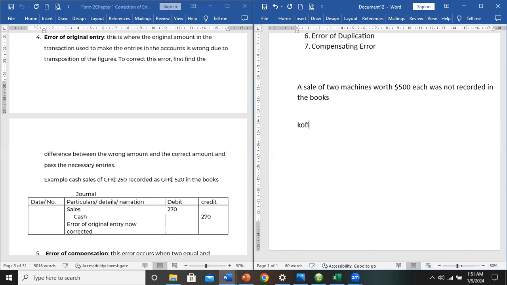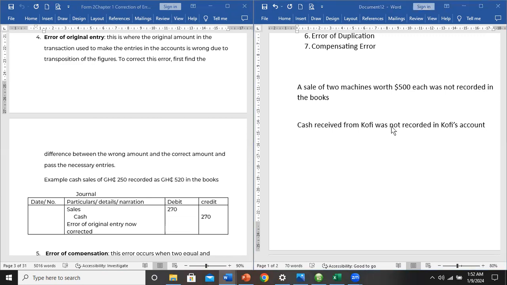Kofi returned. Okay, cash received from Kofi was not recorded in his account. Now, look at this error carefully.